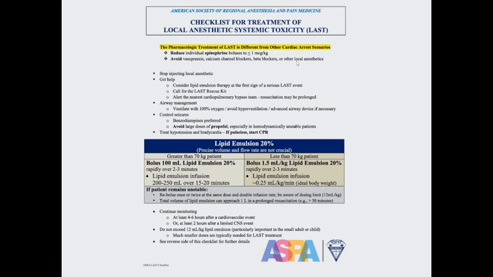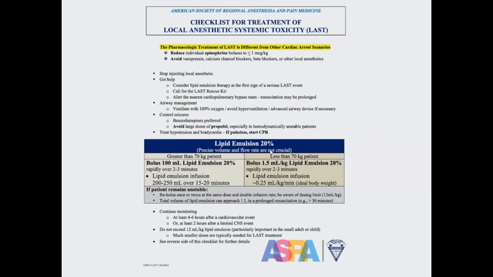We should avoid some drugs. We have to stop the injection of anesthetic, get help, and ventilate the patient. We have to control seizures by giving benzodiazepine or small doses of propofol. We have to treat hypotension and bradycardia. If it's pulseless, then start CPR with small doses of epinephrine.